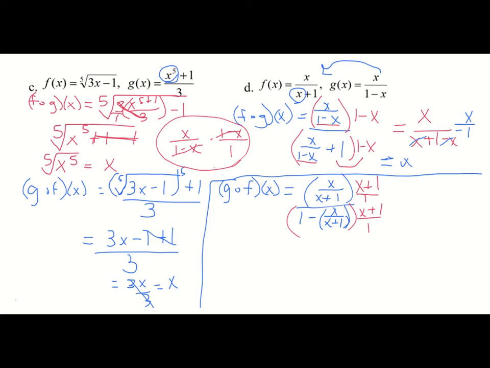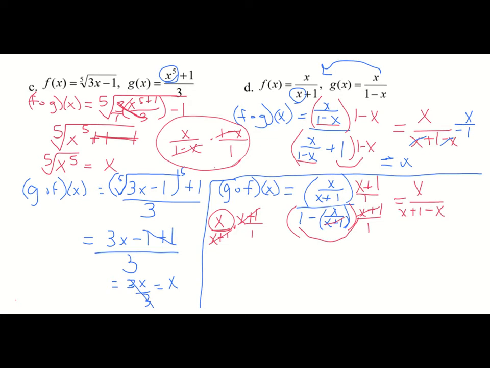Okay, so again, if I have x over x plus 1 times x plus 1 over 1, remember those x plus 1's cancel, and it leaves me with x, or x over 1, but I don't need the 1. So x over, and then here, 1 times x plus 1 is going to give me x plus 1. And this is the same thing. They're going to cancel, so we're left with minus x.